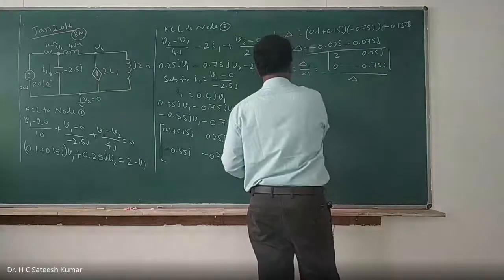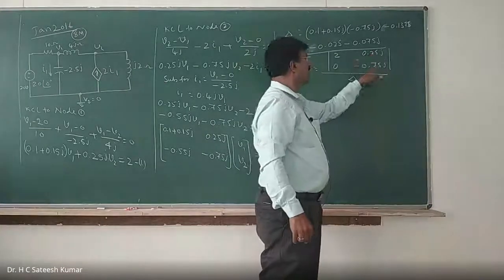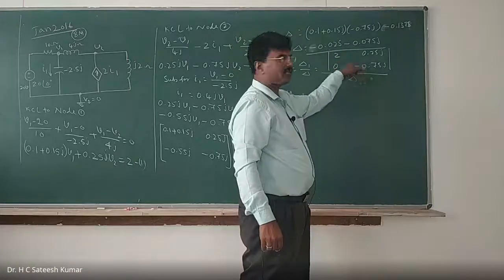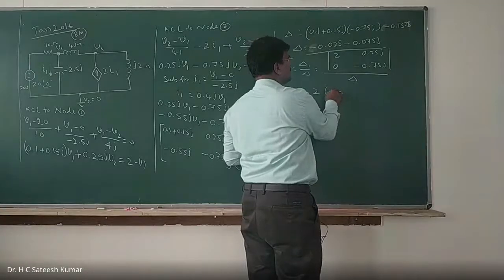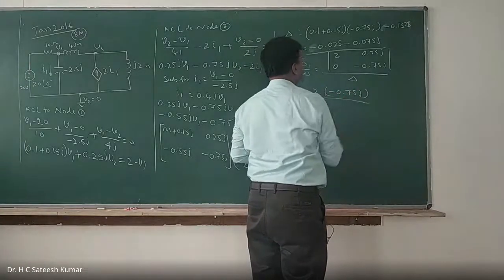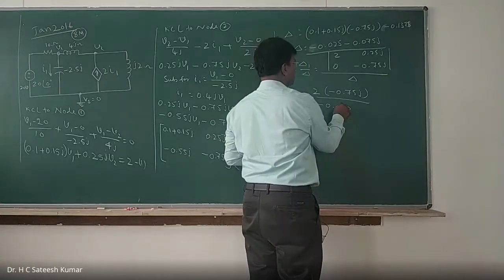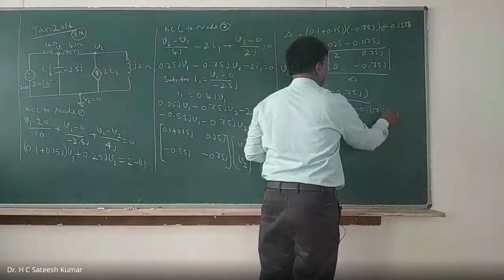So 2 into minus 0.75j divided by delta, which is minus 0.025 minus 0.075j.